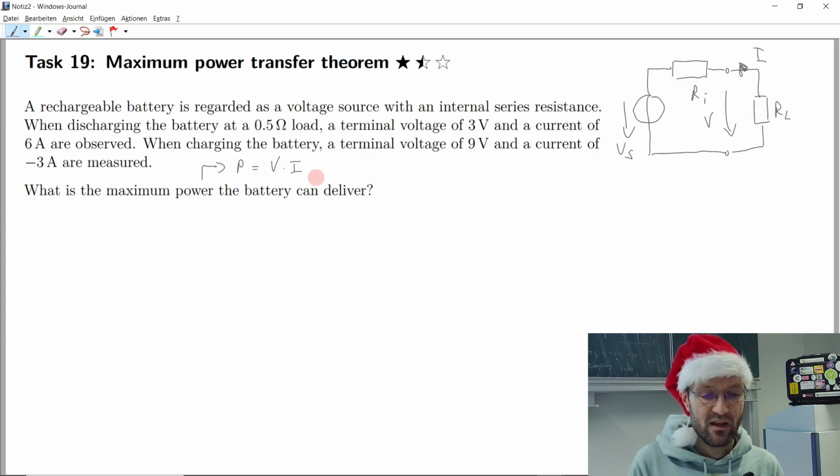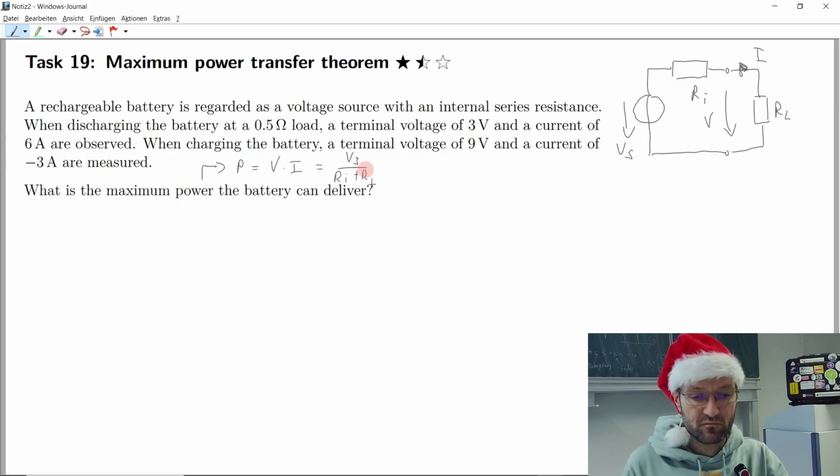load. And so now, of course, we could say, how can we calculate the current in this circuit? Yeah, we take the source voltage and divide by the sum of these two resistors. Inner resistance plus load resistance, right? And how can we calculate the voltage here, the terminal voltage?